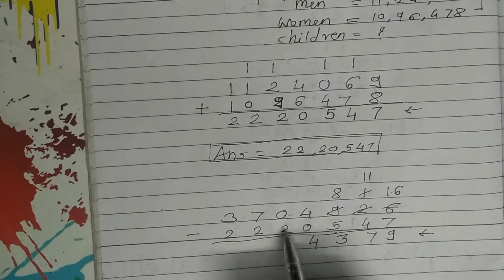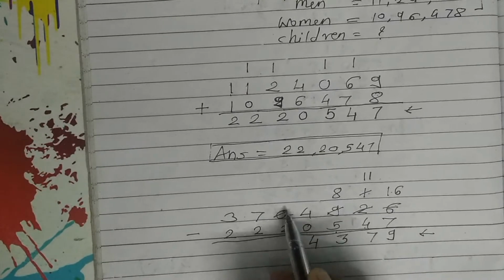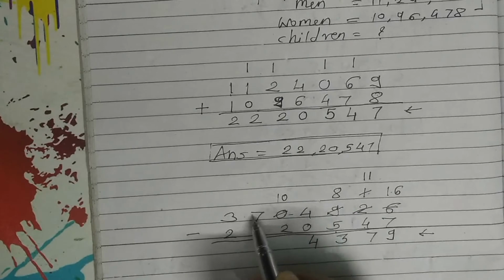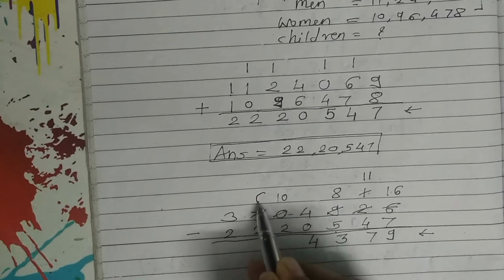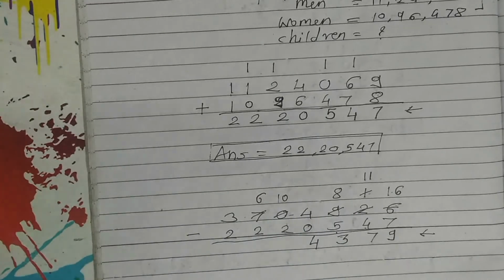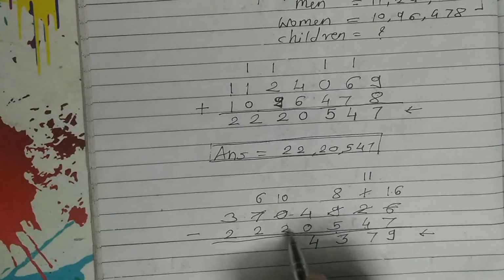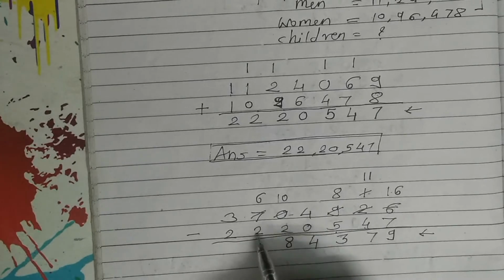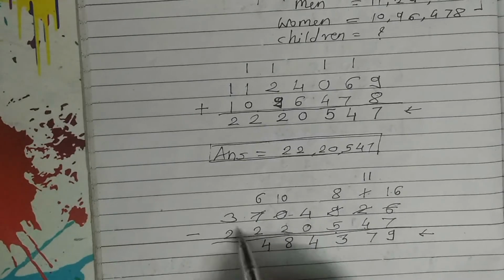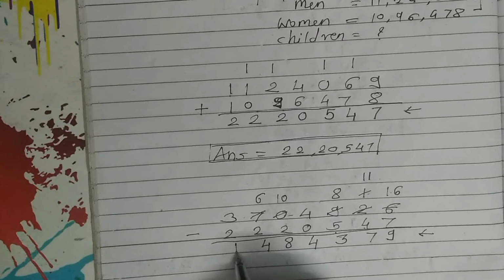Again here 0 minus 2 not possible, so 0 becomes 10 and 7 gives 1, so 7 becomes 6. Take borrow only when required. 10 minus 2 is here 8. 6 minus 2 is here 4 and 3 minus 2 is here 1.